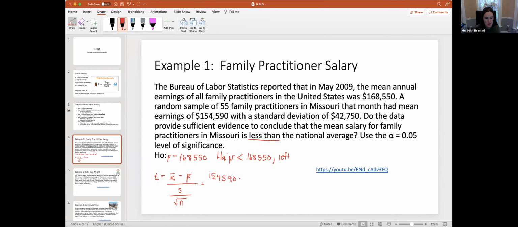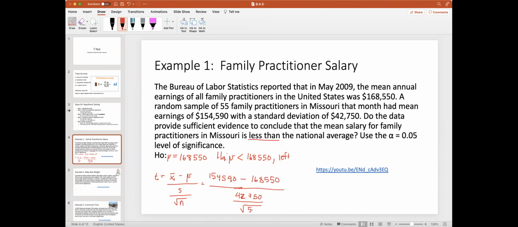Our hypothesized one is 168,550. I pull it down from the hypothesis. What is our sample standard deviation? 42,750.